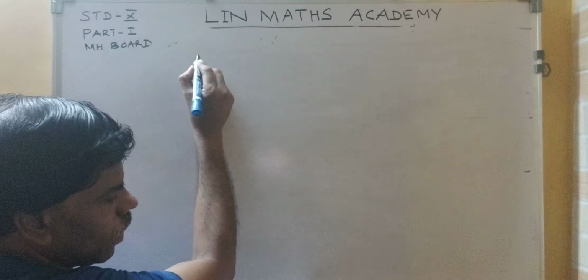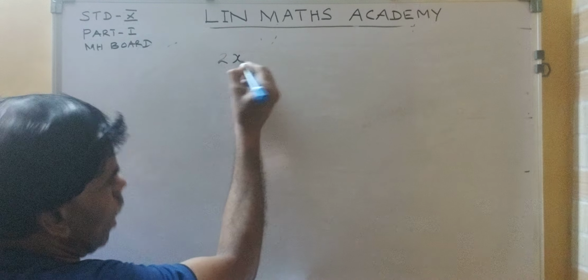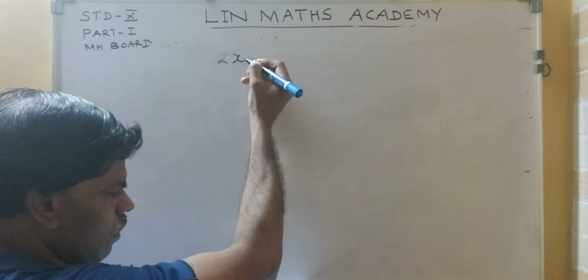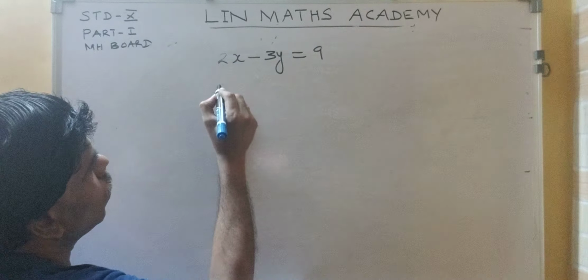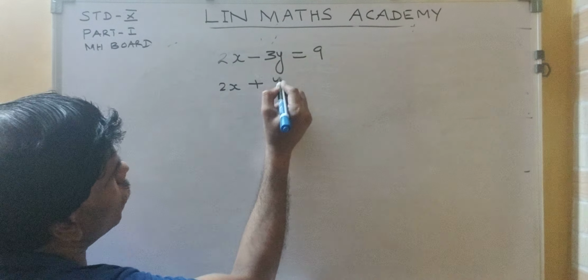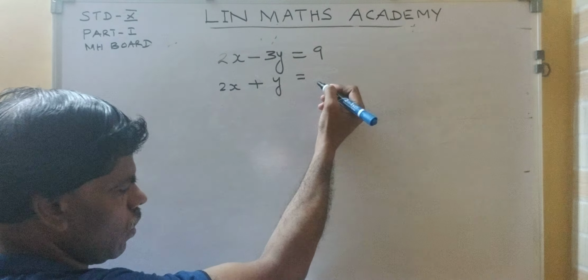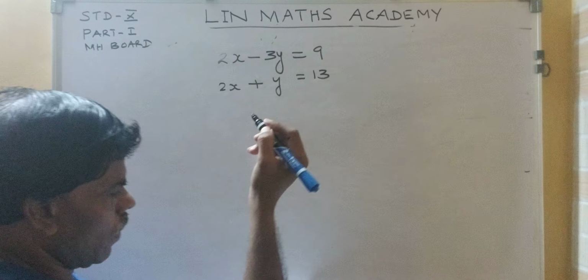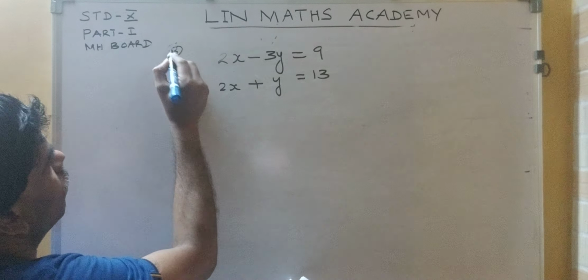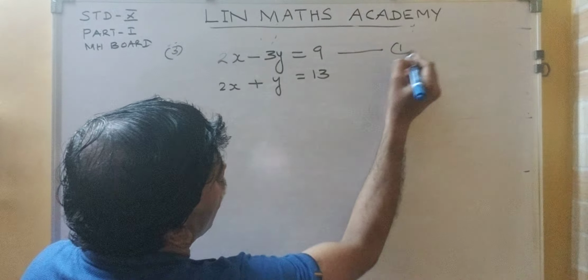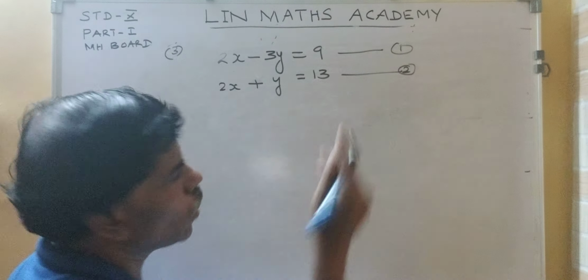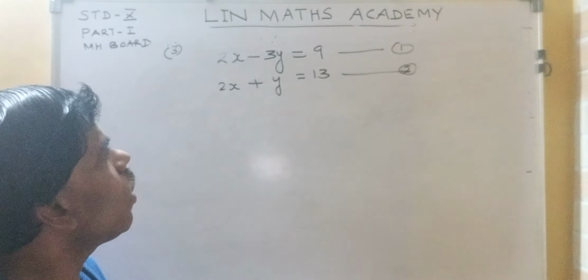Solve 2x minus 3y equal to 9, 2x plus y is equal to 13. The third sum. So equation 1, this is equation 2. Now here look at this.